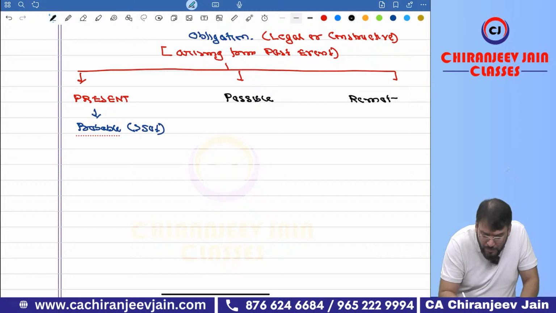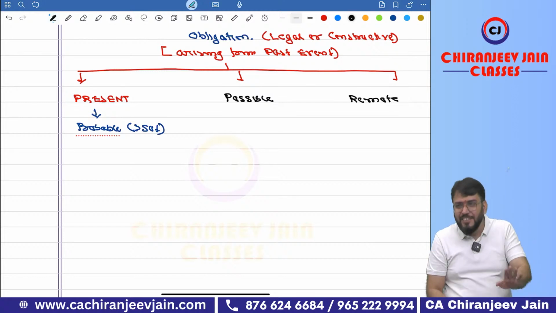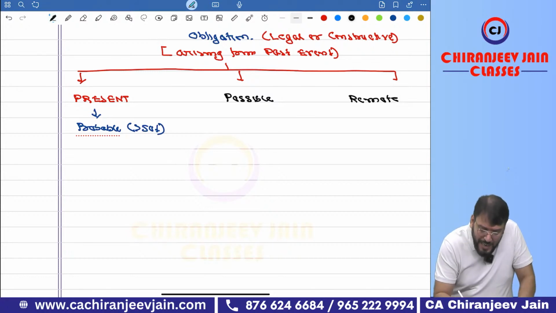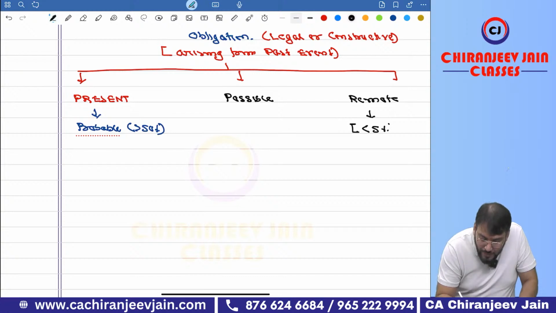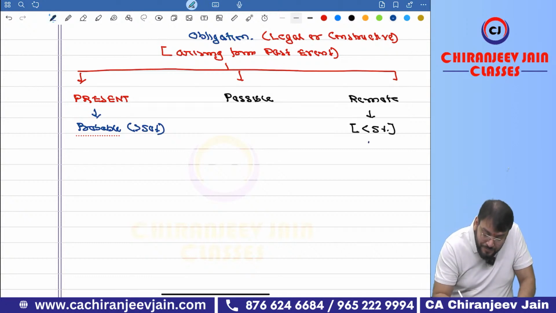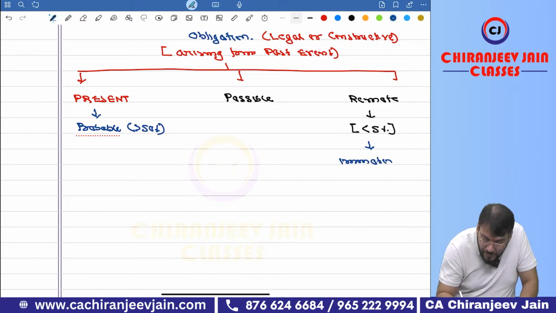Remote. What do you mean by remote? Negligible. Very less chance. If I say as a percentage, to explain from the percentage point of view, it is less than 5%. Means can you say it becomes immaterial? It becomes immaterial now.